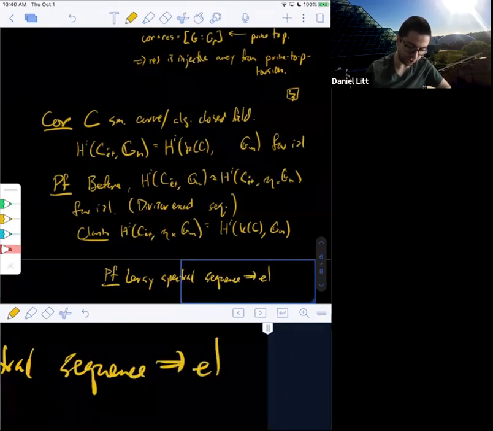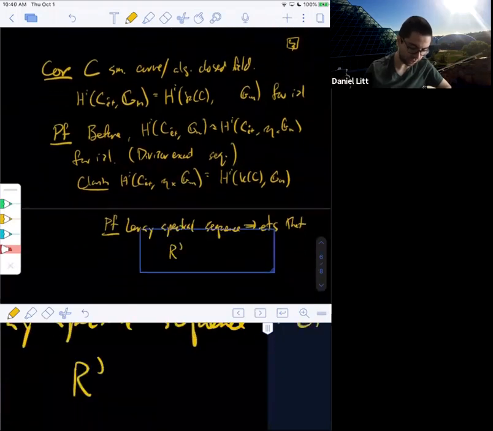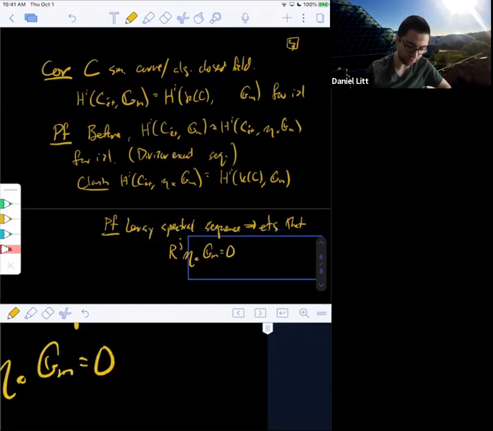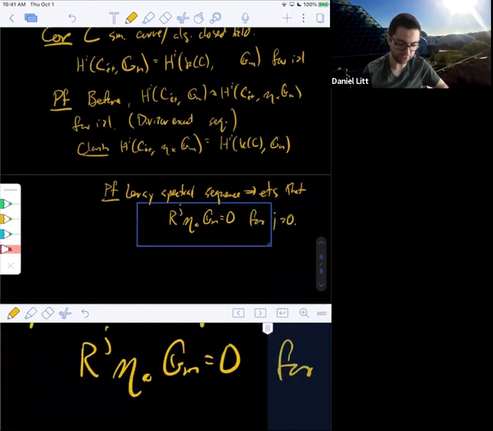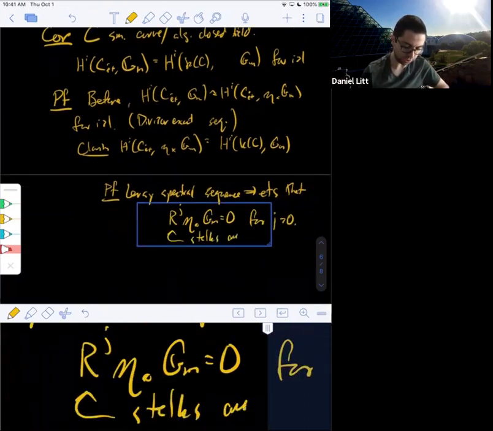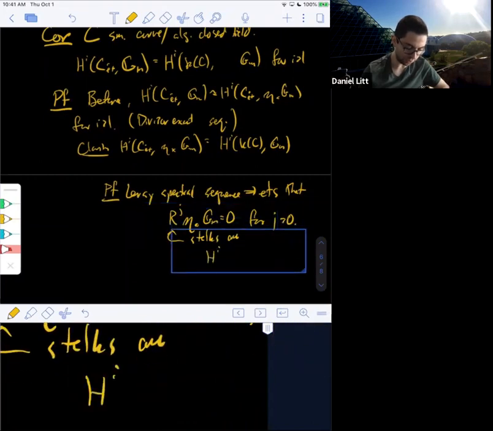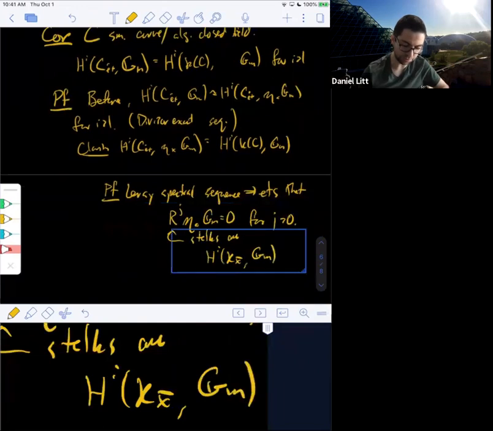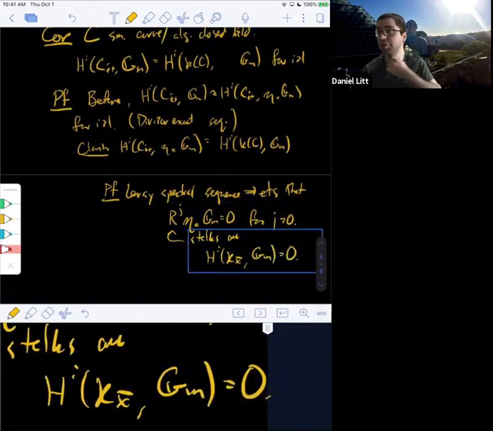It implies that it's enough to show that R^j eta lower star of Gm equals 0 for j bigger than 0. So we talked about this when we talked about the Leray spectral sequence, but the stalks of this are the cohomology of a strictly Henselian DVR with coefficients in Gm, which we just showed is 0, modulo Lang's thesis. Great.